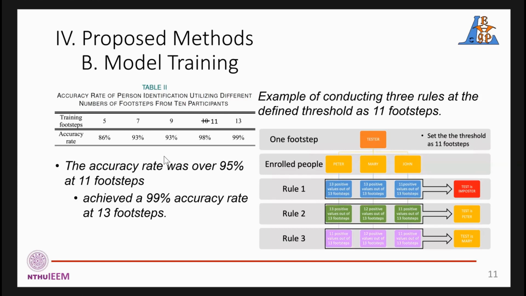And we found that at 11 footsteps, it had already reached 95% accuracy. So later we use 13 footsteps in the model. And for the SCNN, to recognize who you are, we set 3 rules to identify, because your footsteps are in the database.